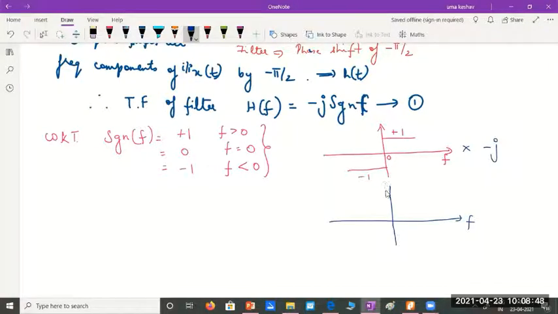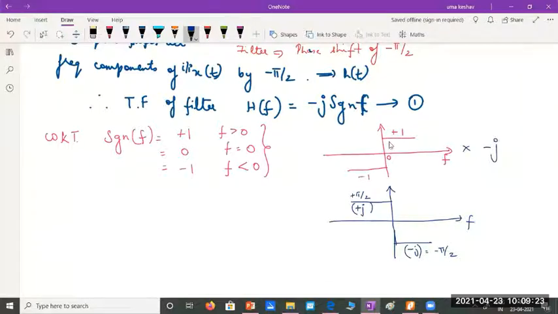When I multiply +1 with -j, what will I get? -j. So this part, +1 into -j, you're going to get -j, which is nothing but -pi/2. And when you multiply -1 with -j, you will get +j, or +pi/2, right?